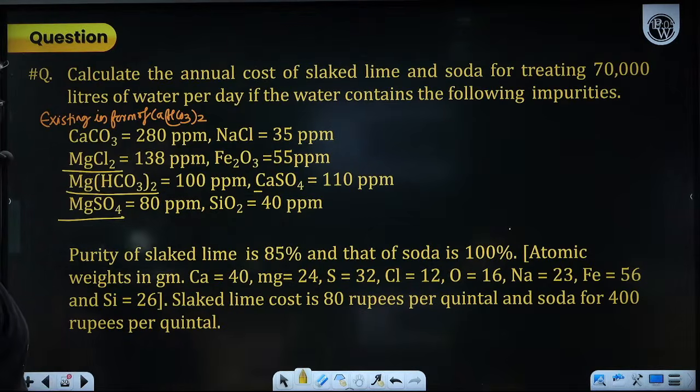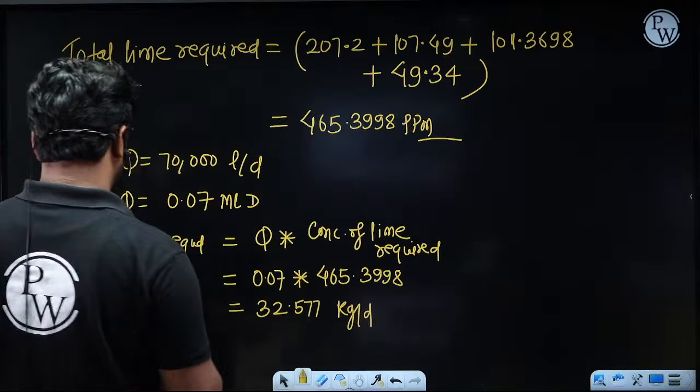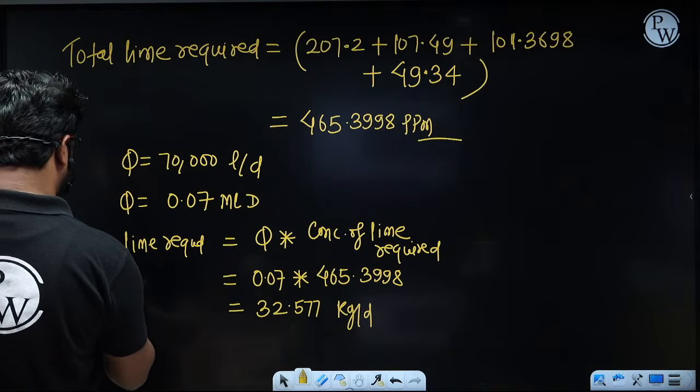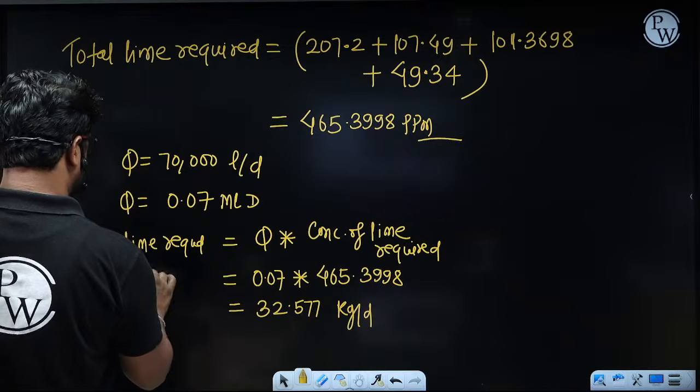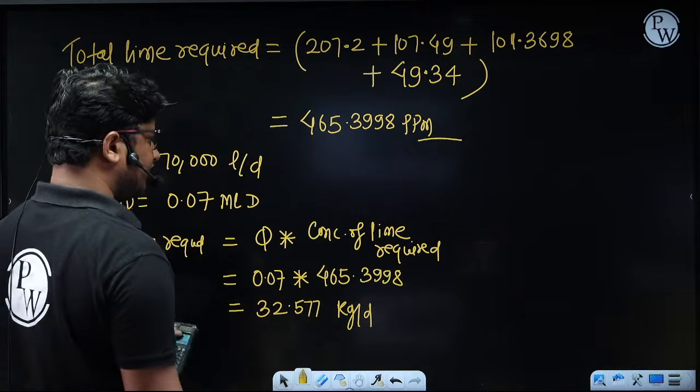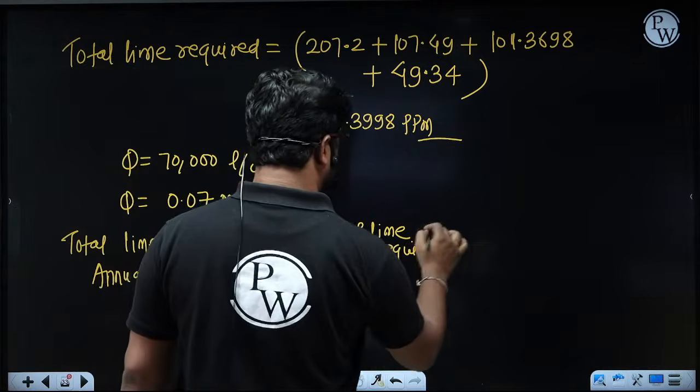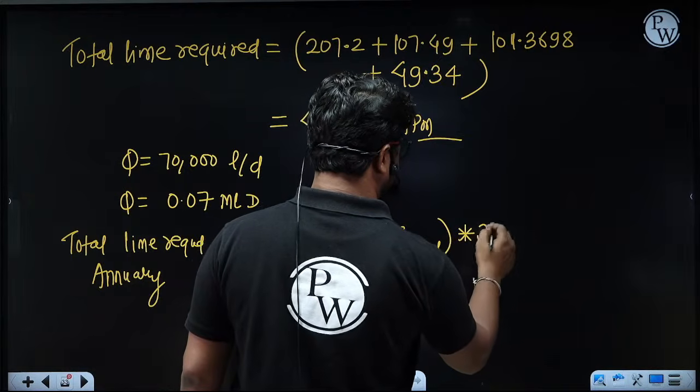But the thing is that they have given you something: the slag lime has only 85% purity, and they want you to calculate for the annual. So annual means total lime required annually, so you have to multiply this with 365 also.